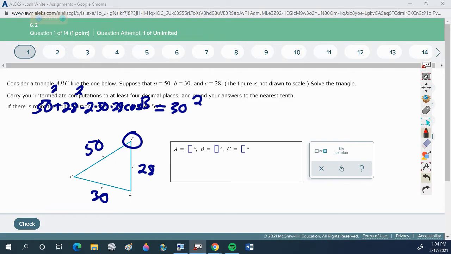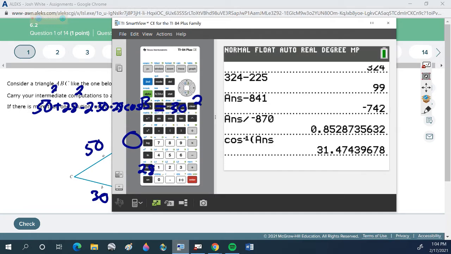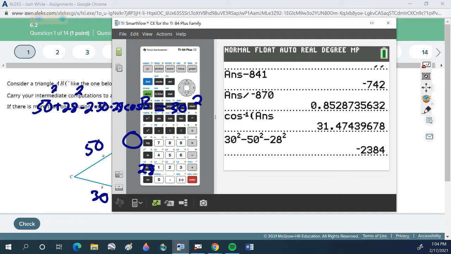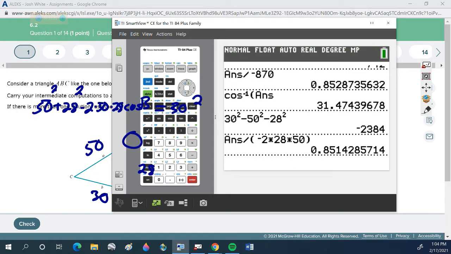So in my calculator, we're going to have 30 squared minus 50 squared minus 28 squared. And then I'm going to divide that by negative 2 times 28 times 50. And that is my ratio.